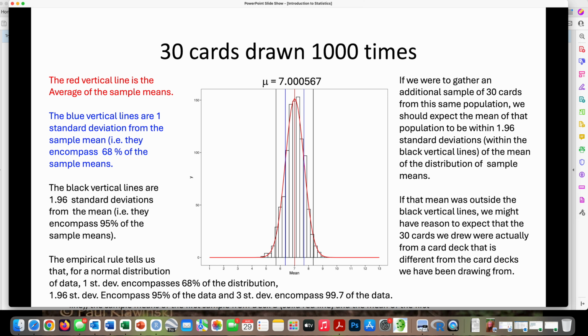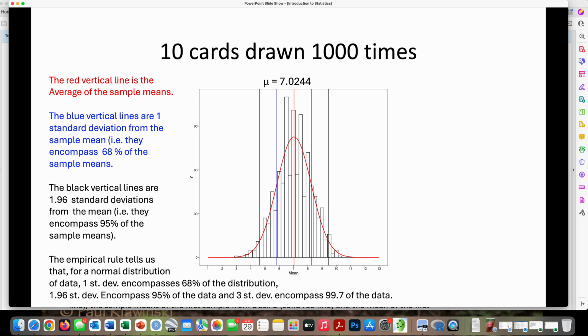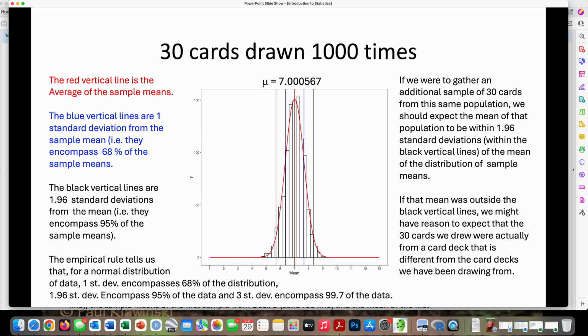Now also notice that as you do this, the spread of the data are narrower and narrower as we go from 2 cards to 5 cards to 10 cards to 20 cards to 30 cards. At 30 cards, your 95% confidence interval, the range of values over which you expect to find 95% of the sample means drawn from a standard deck of cards, is pretty narrow.